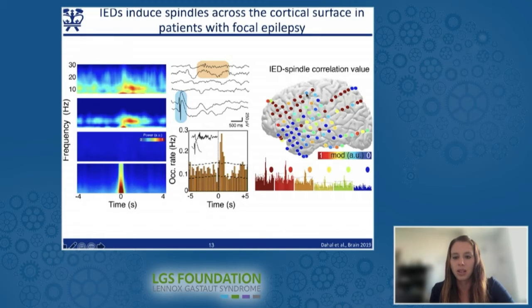For instance, in this patient, you can see that there's a high degree of IED spindle coupling located in this region here. In this way, we can map in our human subjects the cortical areas that are recruited by IED spindle coupling into the network.